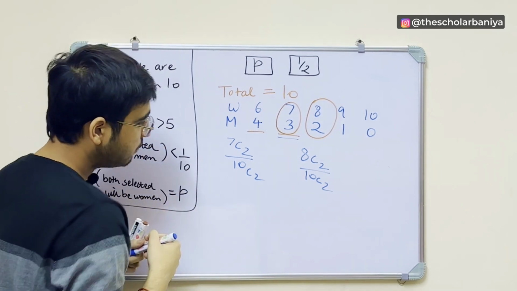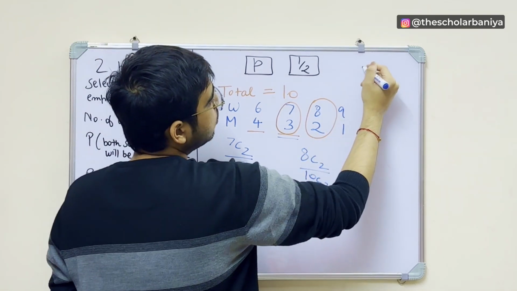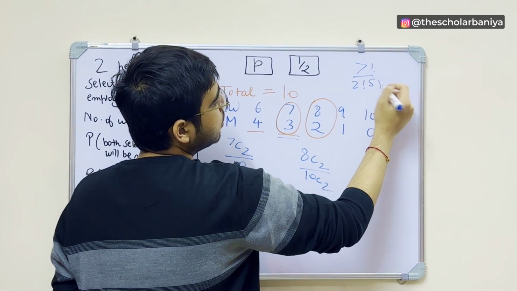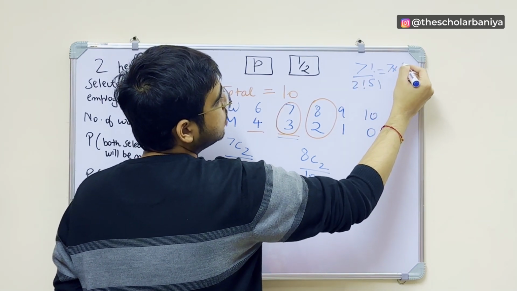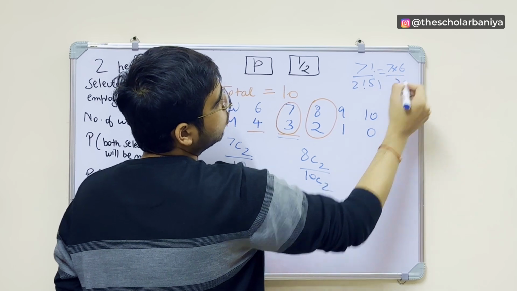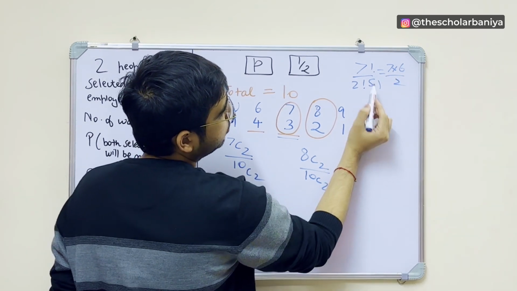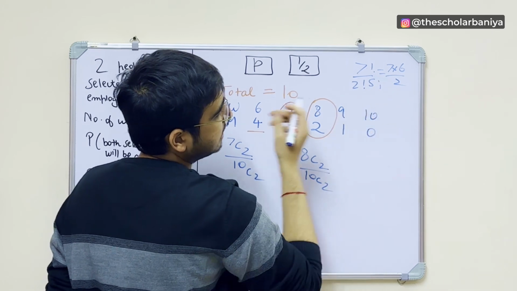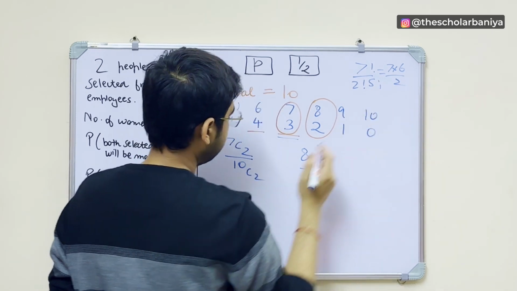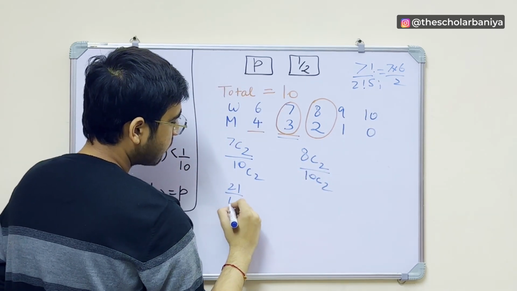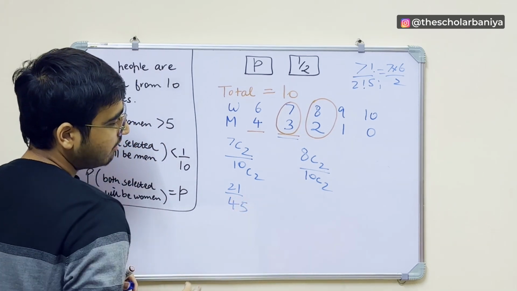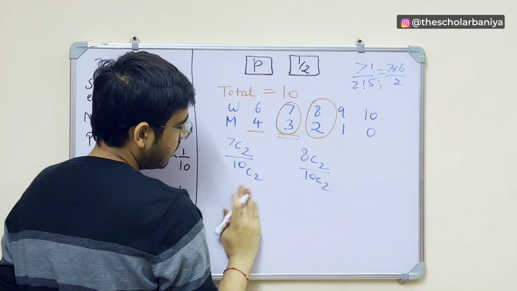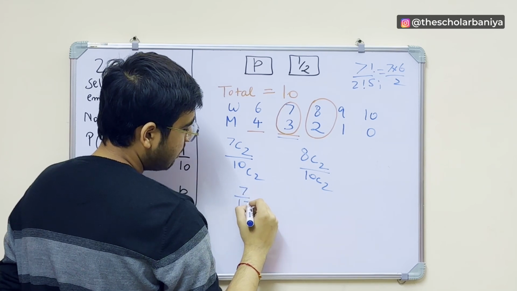Now if you solve this, what is 7C2? 7C2 is 7 factorial upon 2 factorial, 5 factorial. So this becomes 7 into 6 upon 2, right? Because you can write 7 into 6 into 5 factorial, and 5 factorial gets cancelled out. So this becomes 21 upon 45. If you cut 21 upon 45, this will be 7 upon 15.